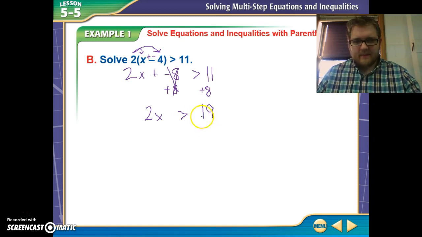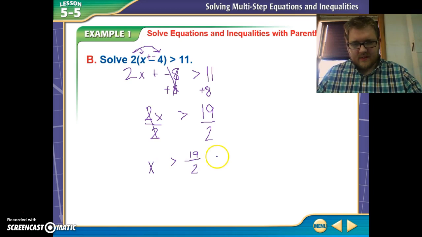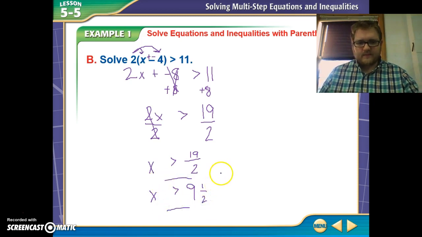But we want to solve for x. So then let's divide by 2. We get x is greater than 19 halves. You could also say x is greater than 9 and 1/2. Either of these answers will be fine.